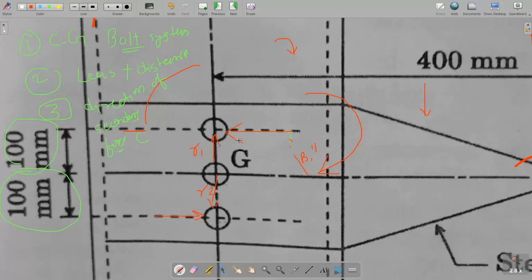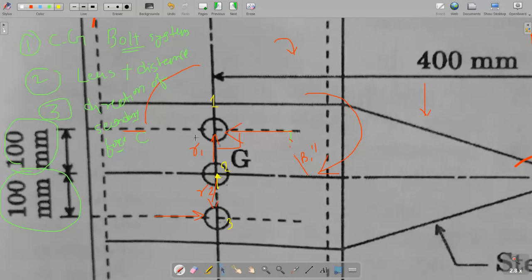Now among these three bolts, this is bolt number 1, bolt number 2, and bolt number 3. This is the CG point, there is no radial distance, so there is only one primary force acting. We have to find the maximum stress, because we are designing on a maximum stress basis: which component is subjected to the highest stress, and to prevent that part from failure we are designing.